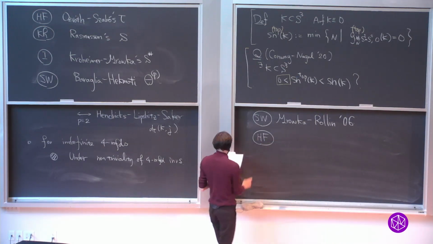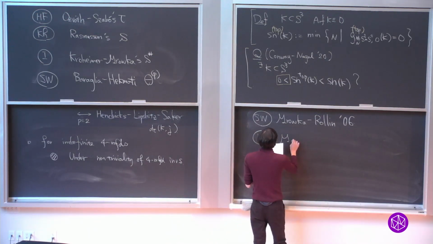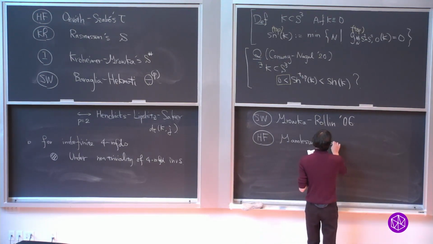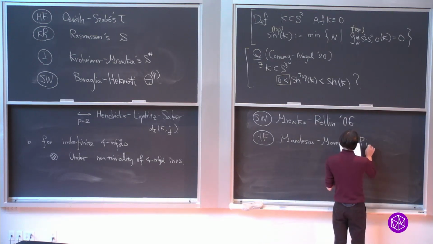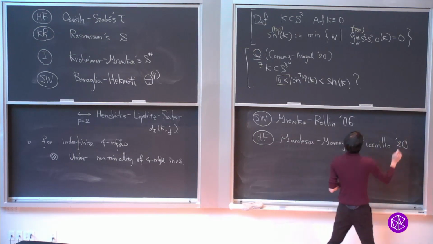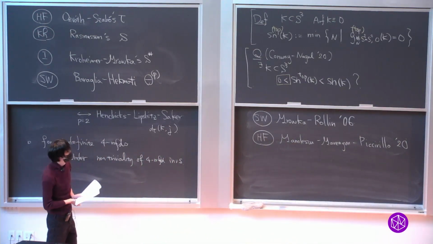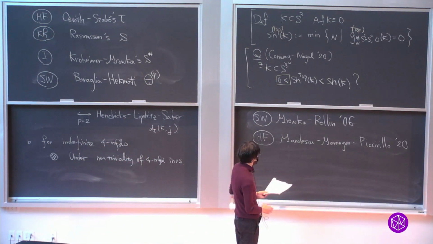And recently, by using the Heegaard Floer mixed invariant, Manolescu–Marengo–Piccirillo also provided the adjunction inequality for manifolds with non-trivial mixed invariant.